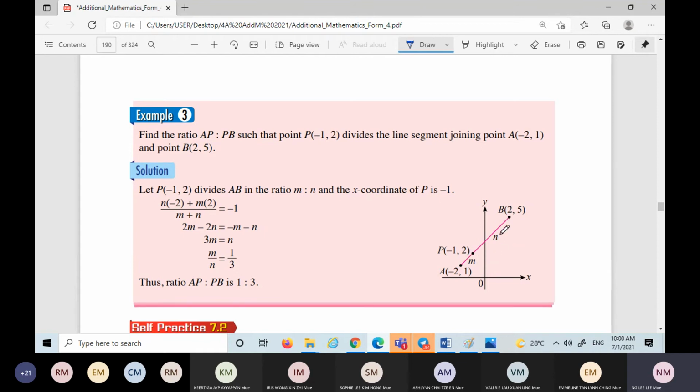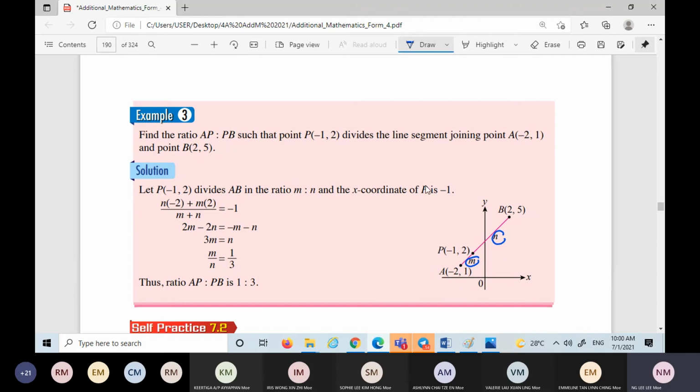If you don't draw it following the scale, maybe you don't see it. But by seeing the x coordinate or the y coordinate, actually you will know m should be smaller than n. So you draw it out this way, then you label this as m and this as n.